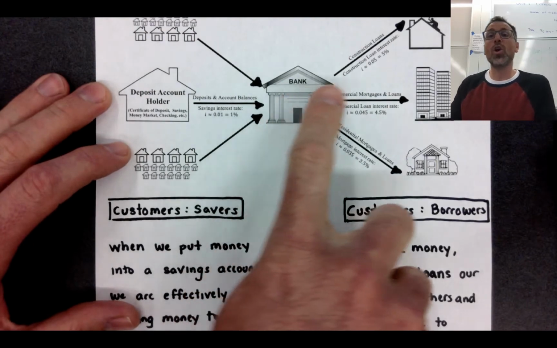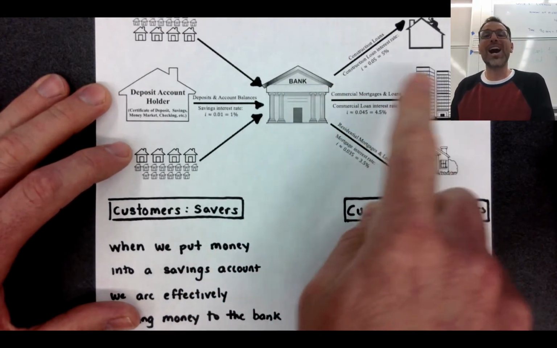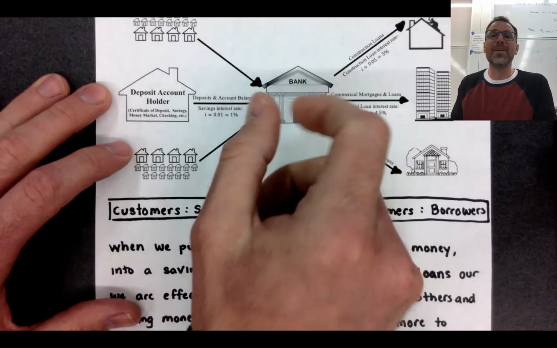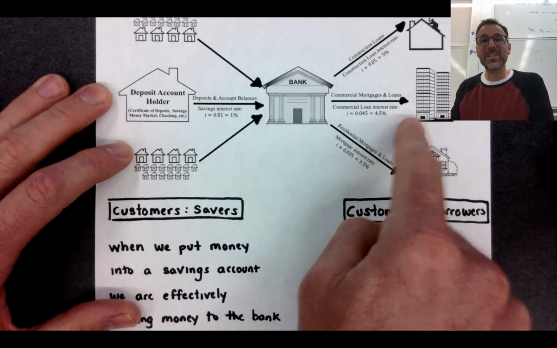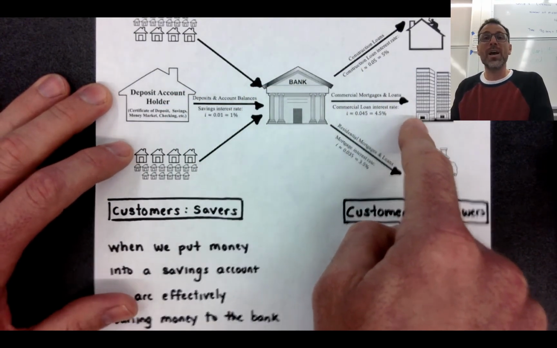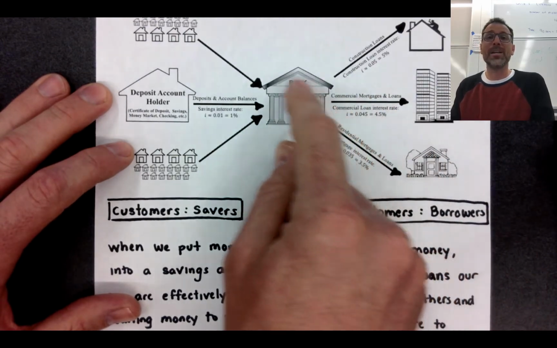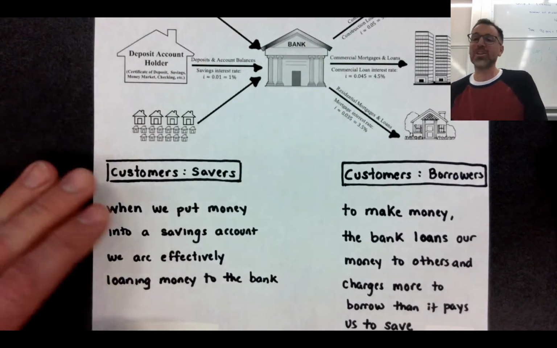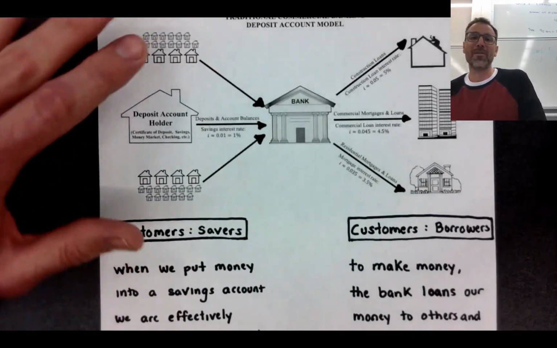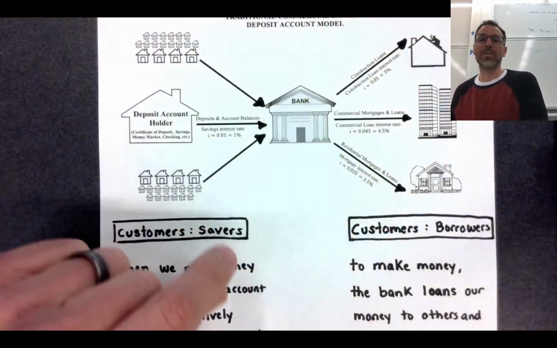And then it will loan money out and charge a higher interest rate to the borrowers. The difference between what it pays us to put our money there and what it charges borrowers to use that money is money that the bank keeps in terms of revenues. So let's actually look at this model. We have savers on one side, borrowers on the other.